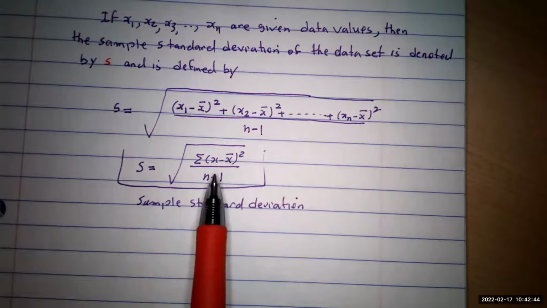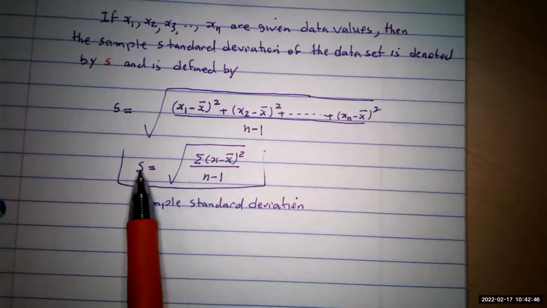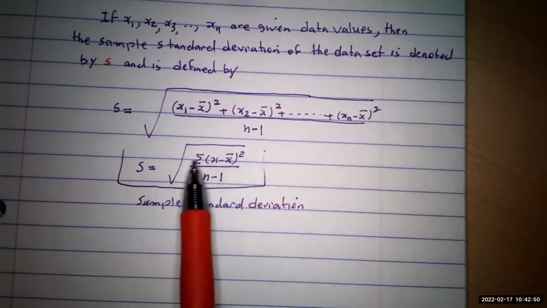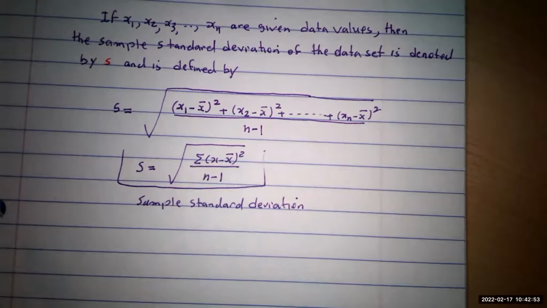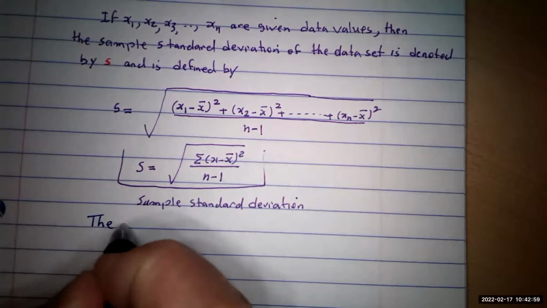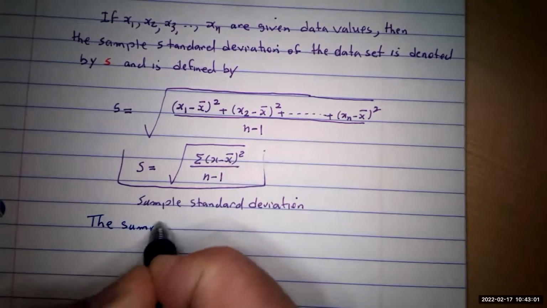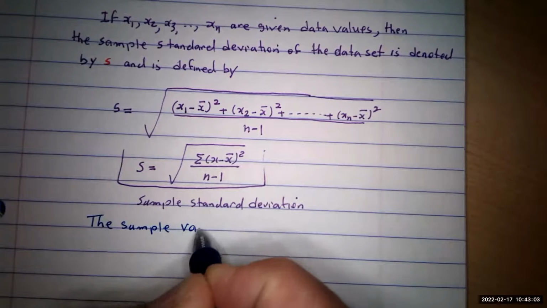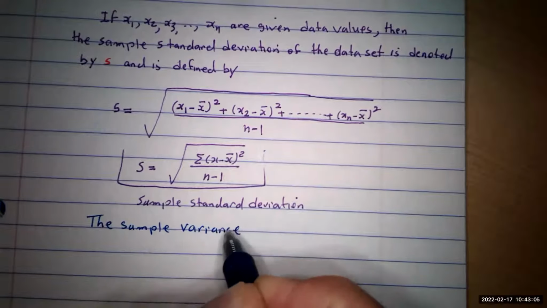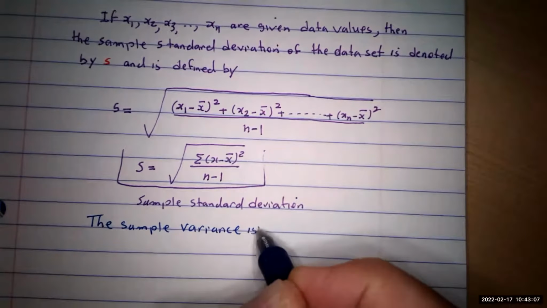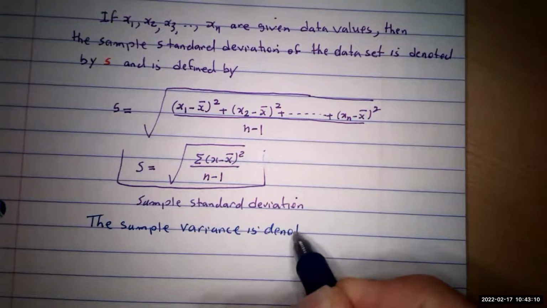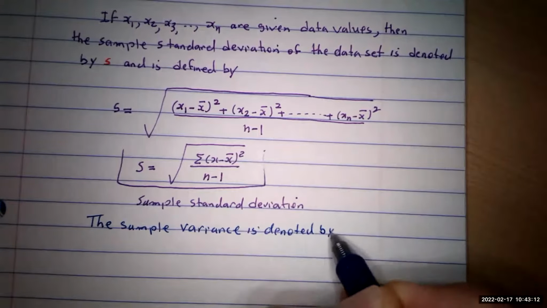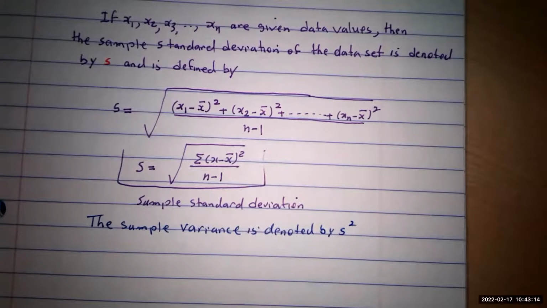When we want to calculate it, we usually find s squared first, because with s squared you won't have the radical, so it's easier to find. This s squared is called the sample variance. The sample variance is denoted by s squared.